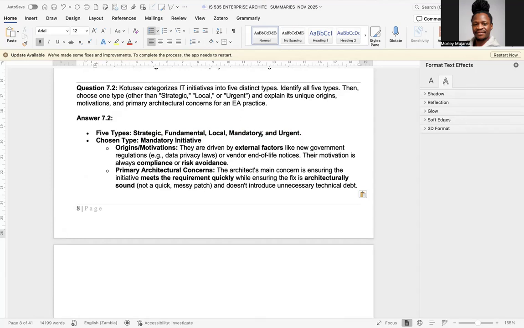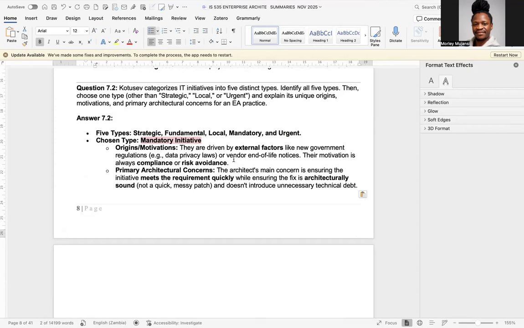So we chose the mandatory one, which is, I think, easier to remember, because the mandatory ones, we're saying these are driven by external factors, e.g. data privacy laws. As you know, in Zambia, we enacted a law, data privacy laws, that requires that all data that has personal identifying information is stored in country and not externally.